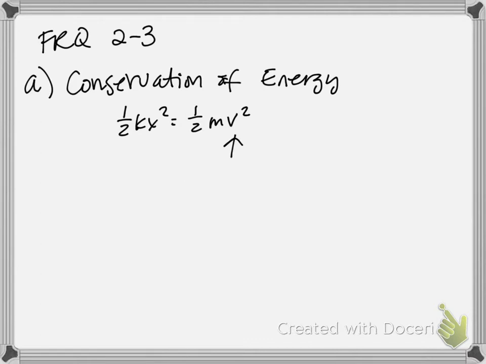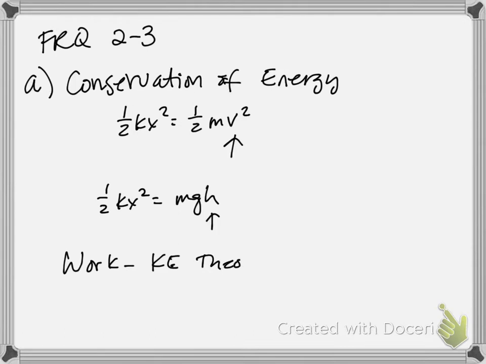If you wanted to launch it vertically, you could use 1/2 kx squared equals mgh and talk about the maximum height that the sphere attained. So if you said conservation of energy, you could use either of those formulas. You could have also said the work kinetic energy theorem, which sometimes you just think of as work is equal to the change in kinetic energy.